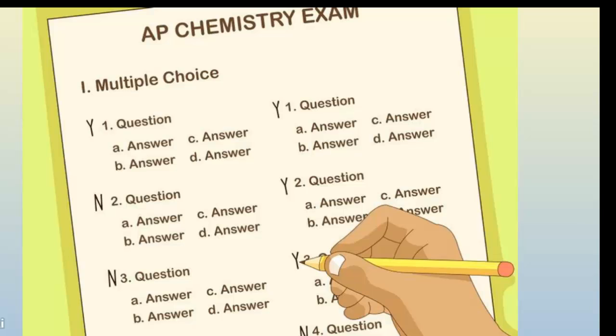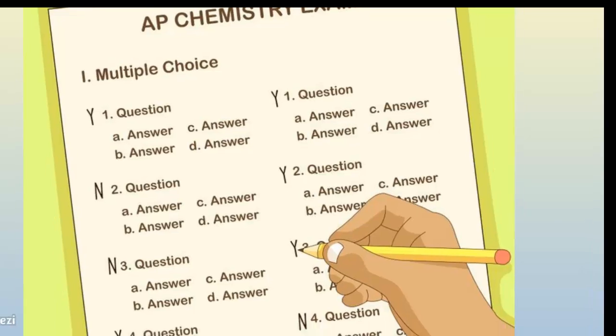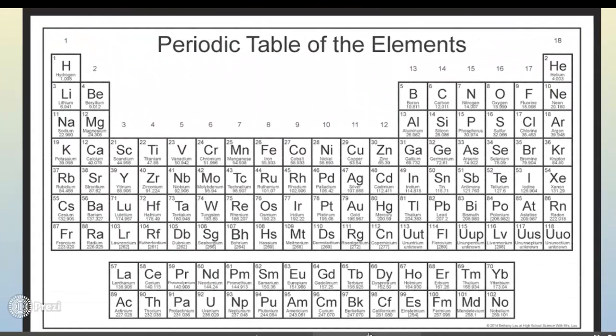Your total score of the multiple choice section is based only on the number of questions answered correctly. You will not receive or lose points for incorrect answers or unanswered questions. Keep in mind that the periodic table of the elements and a table containing most common equations and constants are supplied, but the calculator is not allowed.